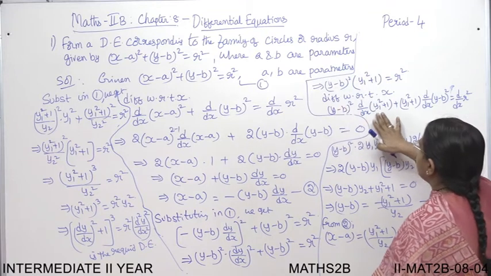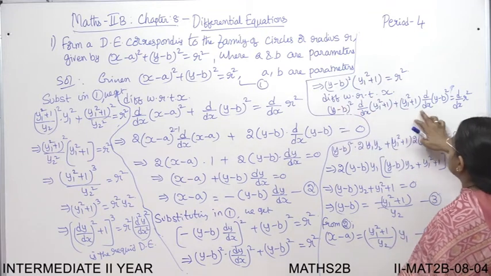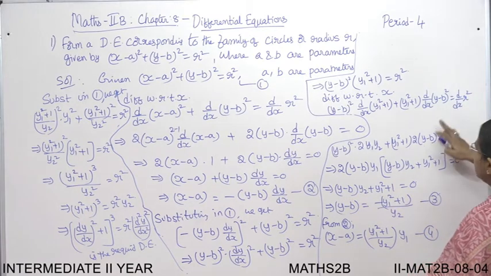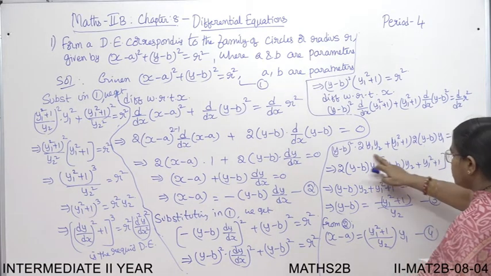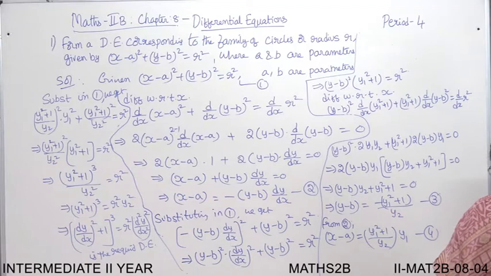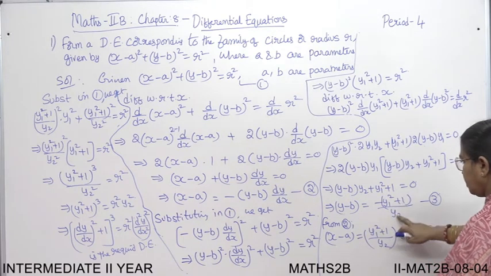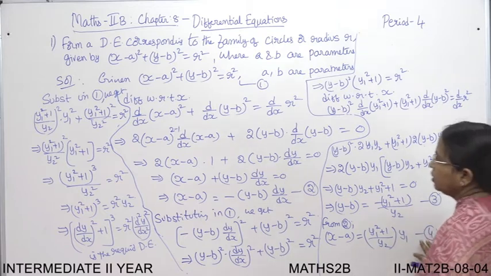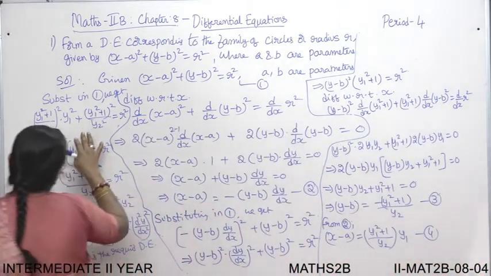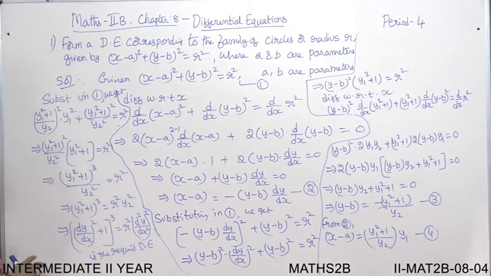First function into derivative of second function plus second function into derivative of first function. So derivative of r square is 0. So again you will get like this. So it is equal to y1 square into (x minus a), and then minus of (y1 square plus 1) when you take it to this side. So x minus a, substitute here and simplify, you will get like this.